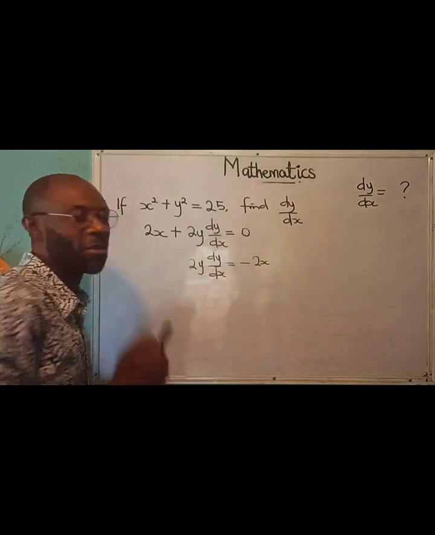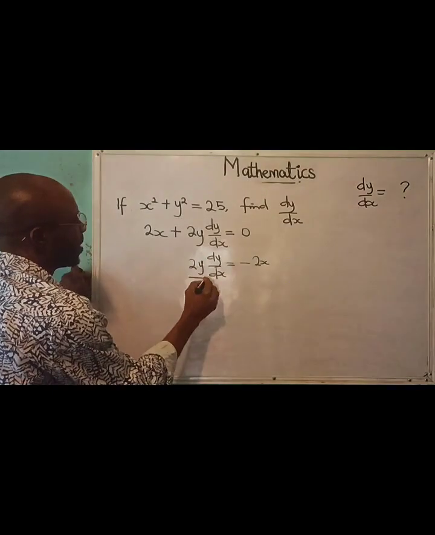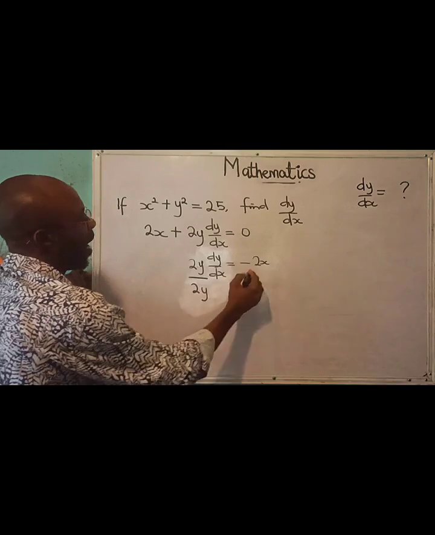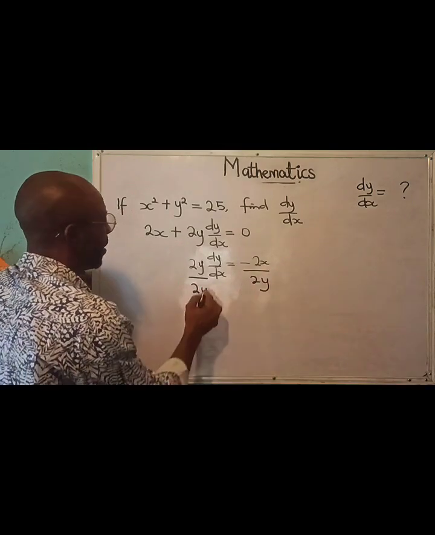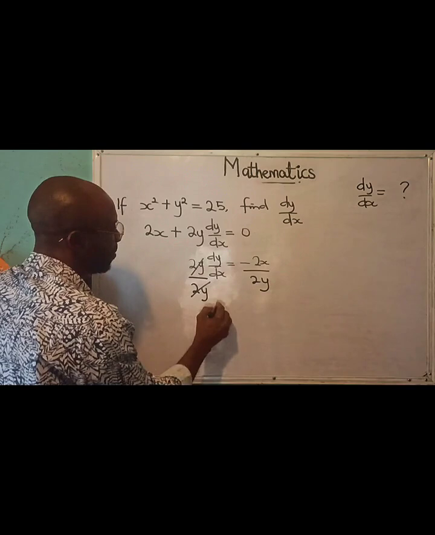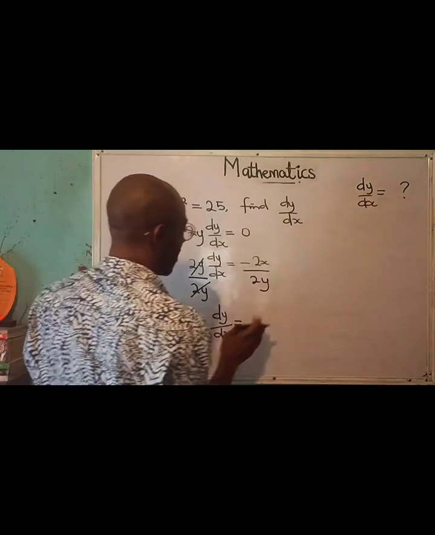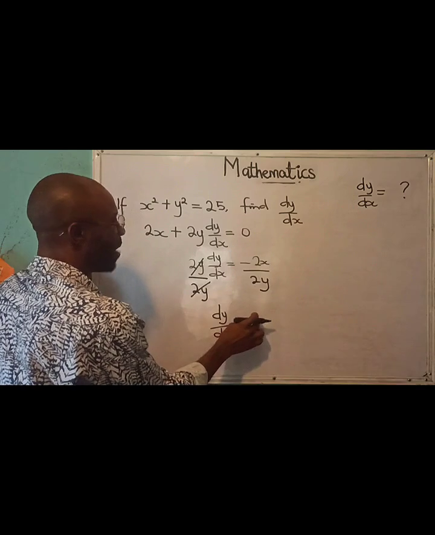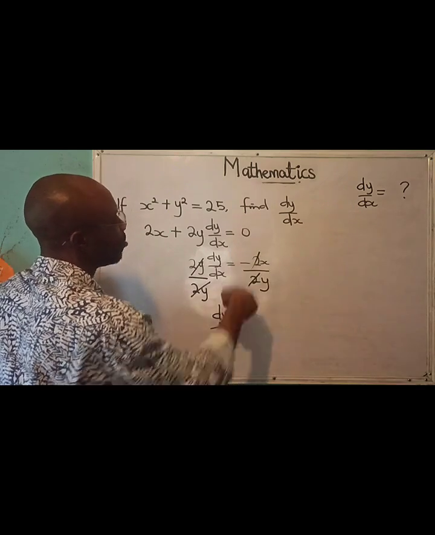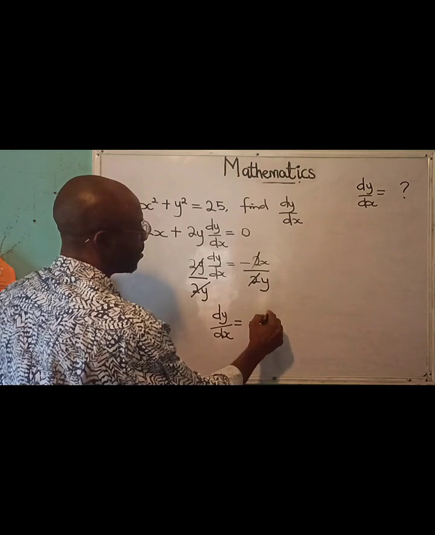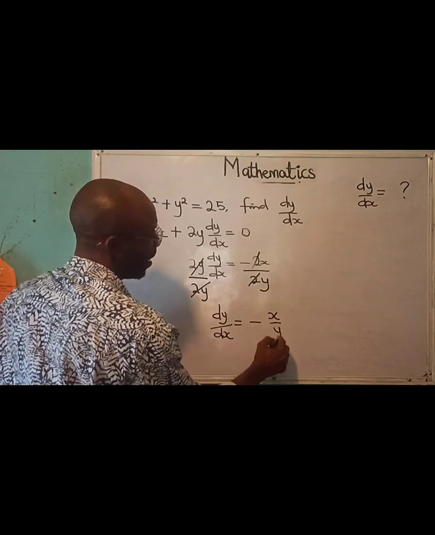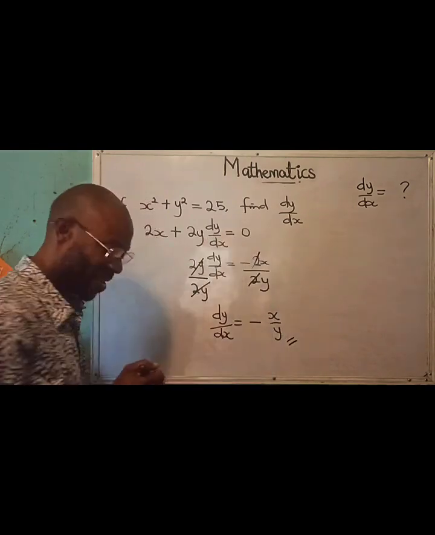So this 2y can cancel this, and I have dy dx. Now the question mark, that's what we need to have here. So if I divide this, 2 can divide 2, and I'll have minus x all over y as my answer.